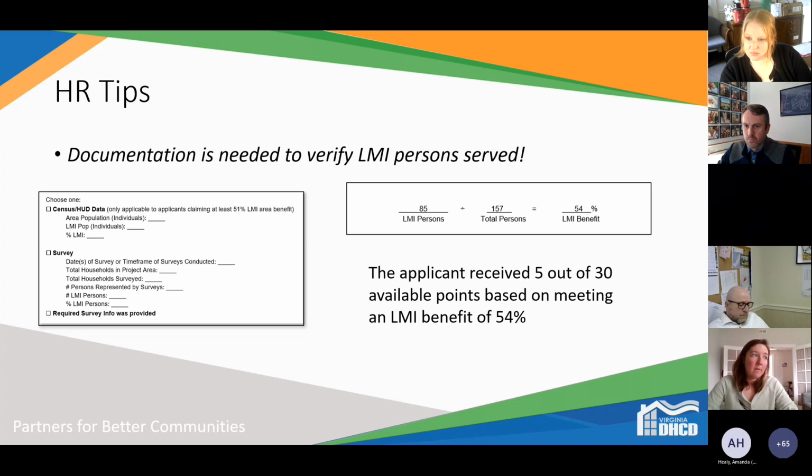They were serving 85 LMI persons out of 157 total people, meeting an LMI benefit of 54%. While this does meet the minimum LMI benefit requirement, the other housing rehab applications that we received met 100% LMI benefit. So here they only received 5 out of 30 available points. And this was most likely due to they could have provided better LMI documentation.